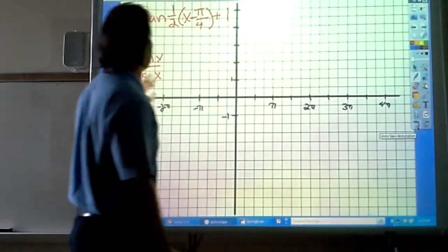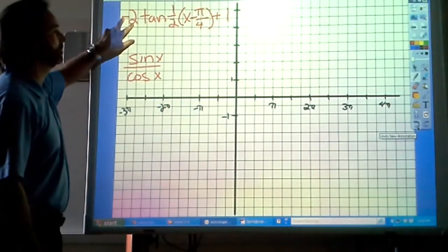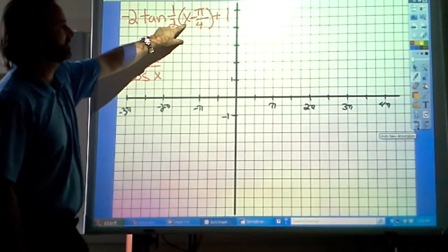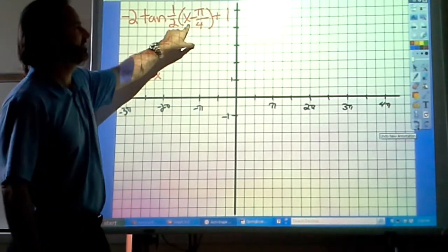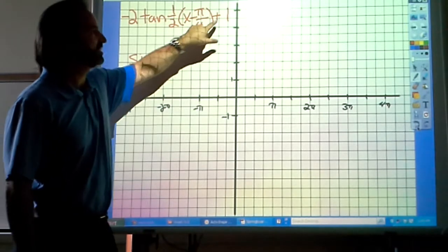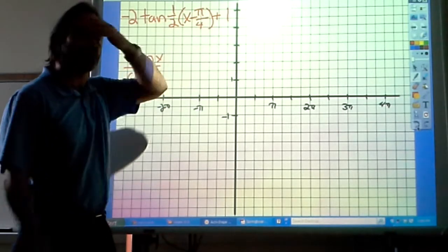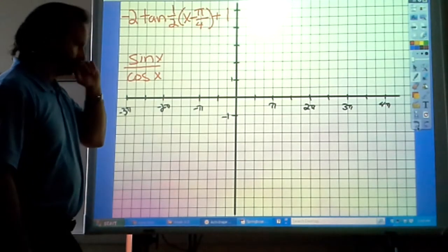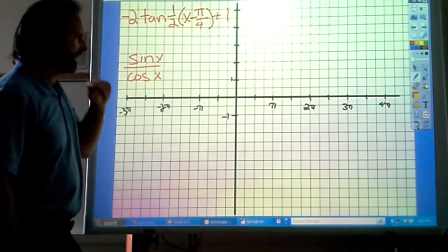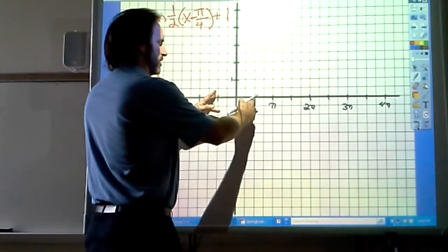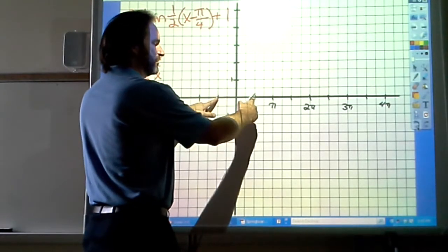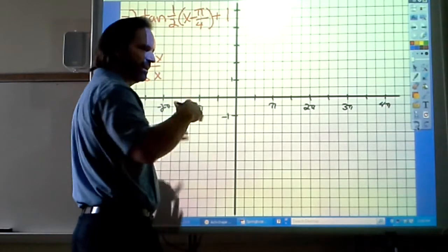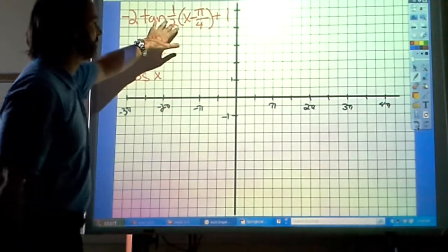Let's look at this function. I've got an a of negative 2, tan of b, 1/2, times parentheses x minus c, the phase shift, pi fourth, plus d, plus 1, a vertical shift. Our normal asymptotes of negative pi halves to pi halves are now going to be exchanged by this period.